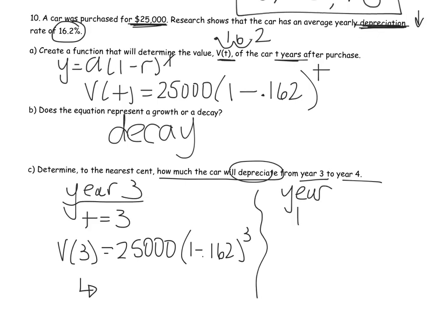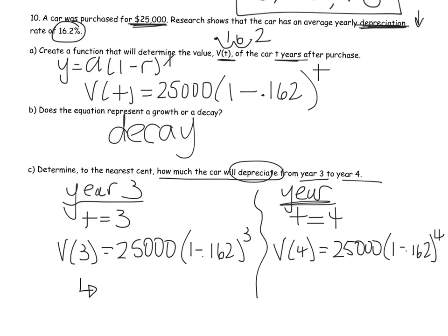Now it's going down, so since the value is going down, for year 4, it should be worth less money. So you're going to plug in 4. So we're going to get those two values. So to the nearest cent, this is $14,712.01.